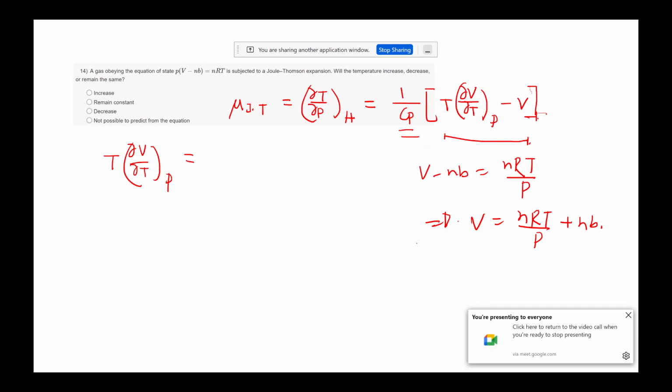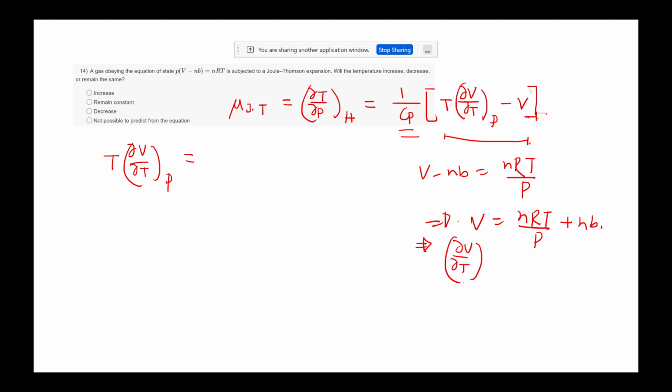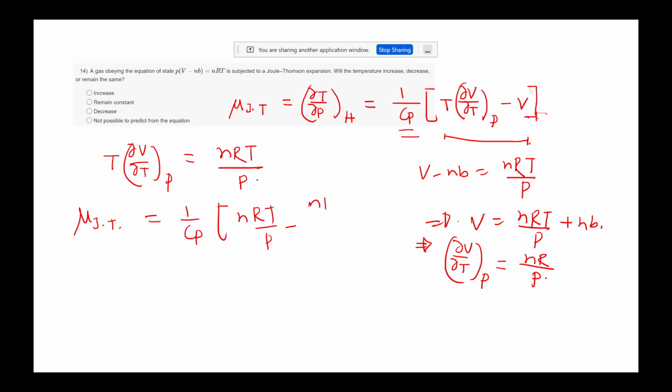So now if you do the differentiation here, then del V del T at constant P will be nR by P, and if you put T here, then it will be nRT by P. Now if you put it in this expression, then mu JT will be 1 by Cp times nRT by P minus V, and V is this one, so minus nRT by P minus nb.